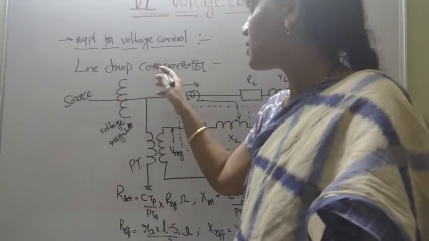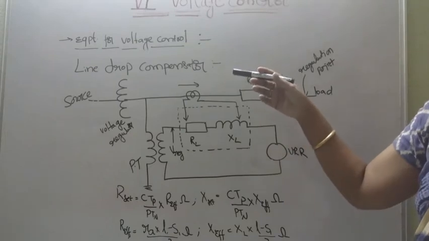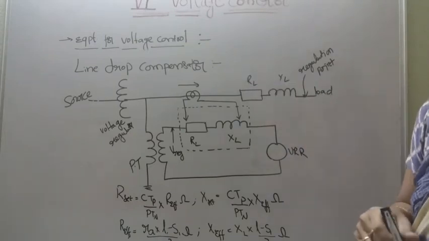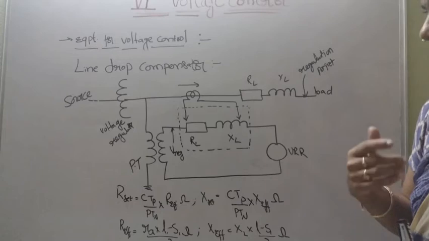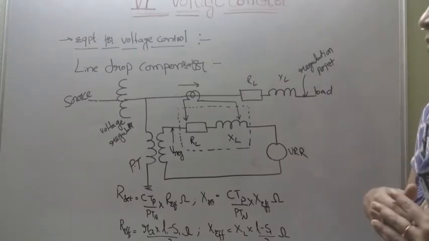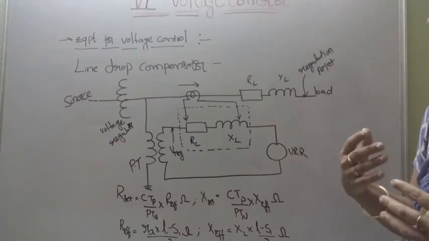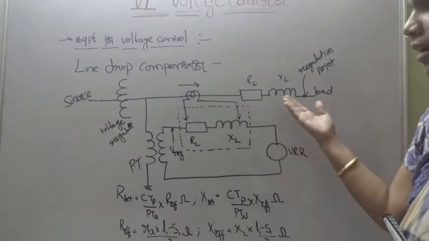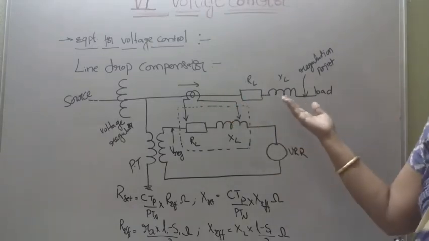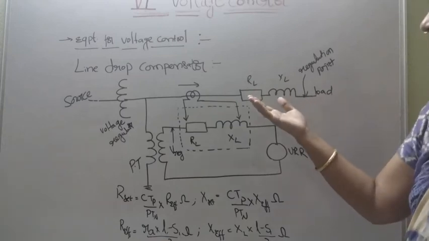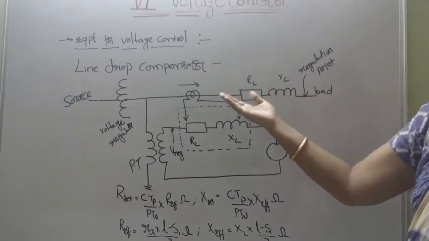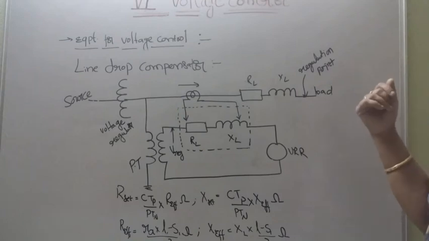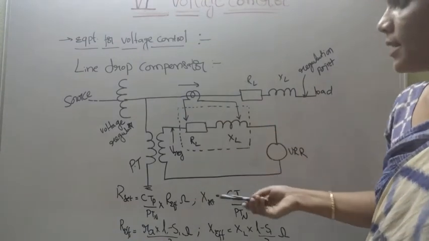First of all we should know what is meant by line drop compensator. Our main aim is to design equipment to maintain constant voltage throughout the line. This is our line drop compensator.